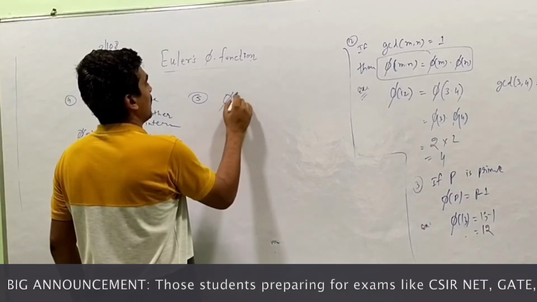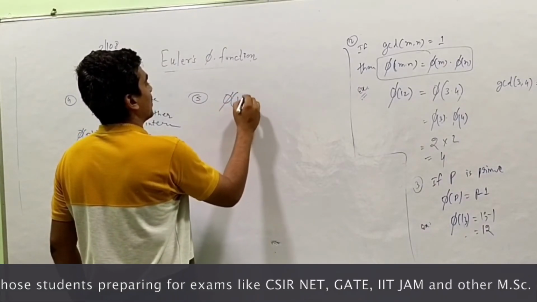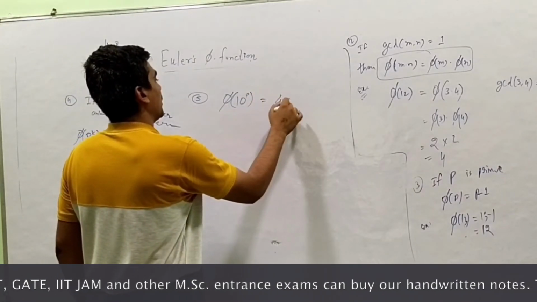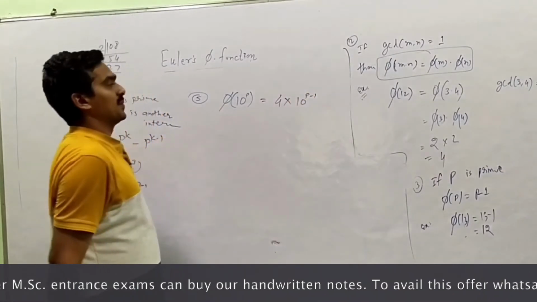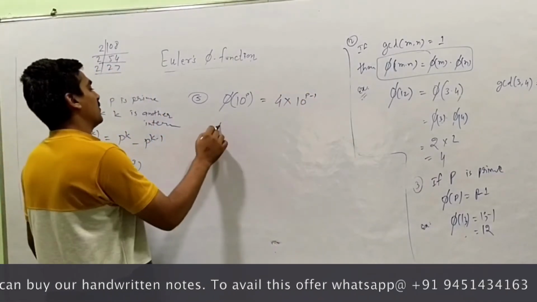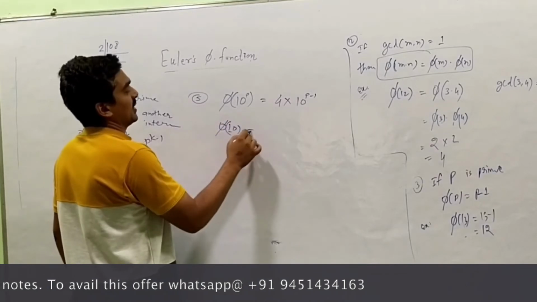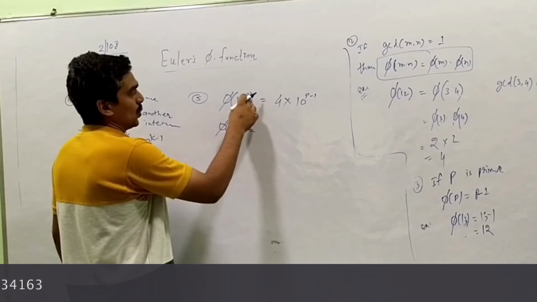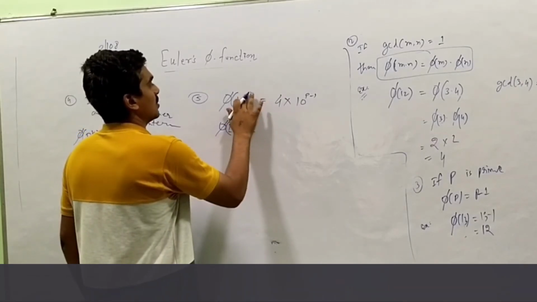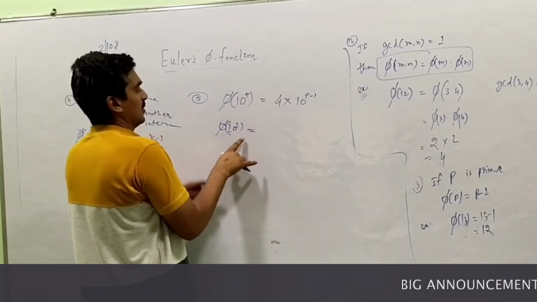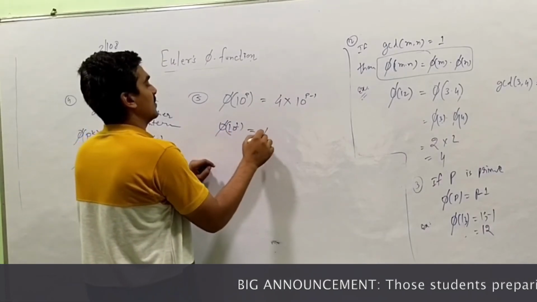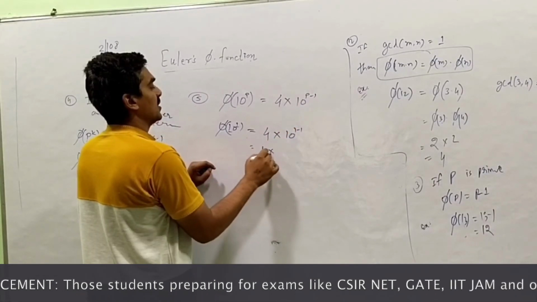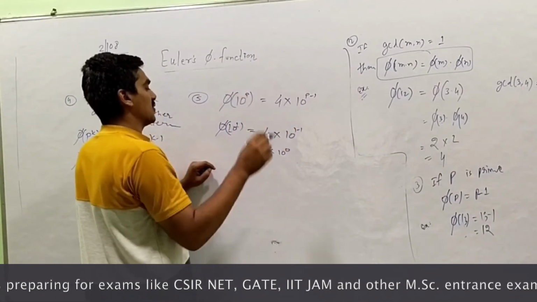Phi of 10 raised to the power p is equal to 4 into 10 raised to the power p minus 1. Suppose we have to find phi 10, then 10 is raised to the power 1, so phi 10 is 4 into 10 raised to the power 1 minus 1, that is 10 raised to the power 0, which is 1, so 4.